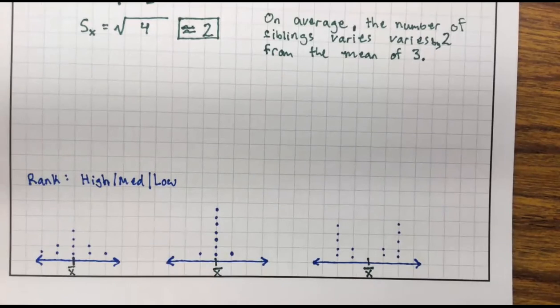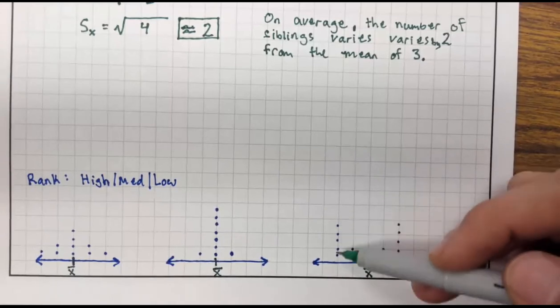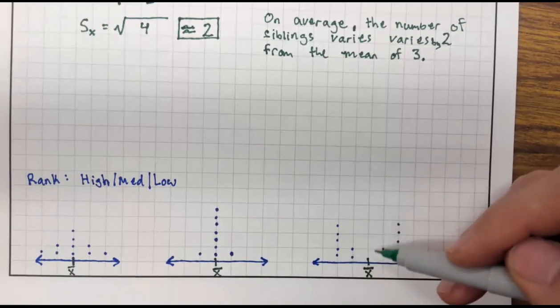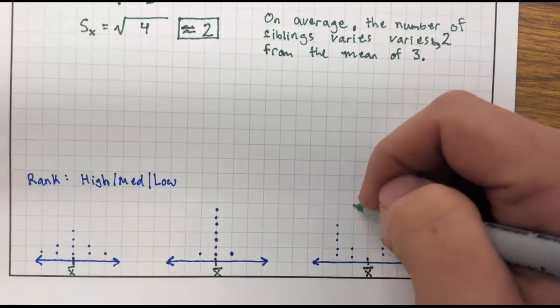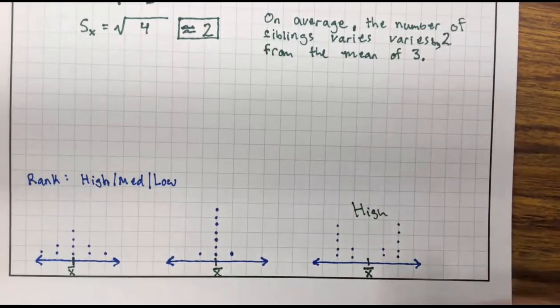But if we're thinking of standard deviation as distance to the mean, the data set that has the most observations furthest away from the mean is this one. It's got 1, 2, 3, 4, 5 observations way over here, another 5 observations way over here, and it doesn't have a single observation that falls directly on top of the mean. So this would have the highest standard deviation.